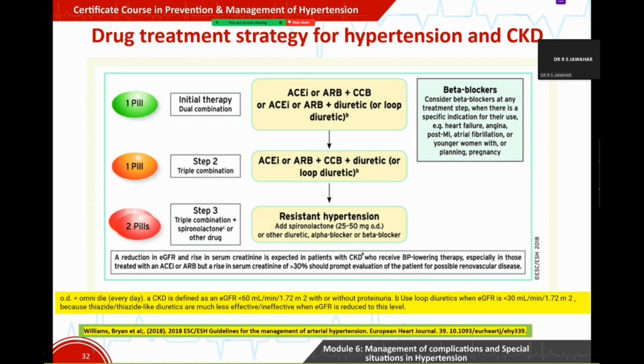So that is your ARB plus calcium channel blocker, or your Cilacar T, so the cilnidipine plus telmisartan. So triple combination, all 3 drugs are available. Your CTD, TAM, etc. And in resistant hypertension, we can use spironolactone or an alpha blocker like prazosin, or a beta blocker like bisoprolol, etc.